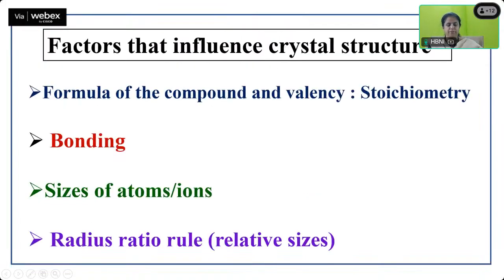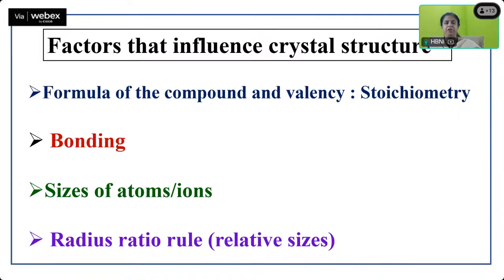In fact, there are a few structures wherein even if the relative sizes of ions are equal, let's say something called AB and then you have CD, and the ratio of A and B is also equal to that of C and D, but C and D are the larger ions while A and B are smaller, even that affects the crystal structure.